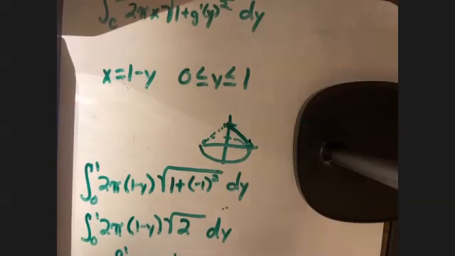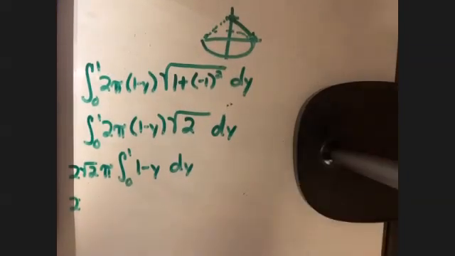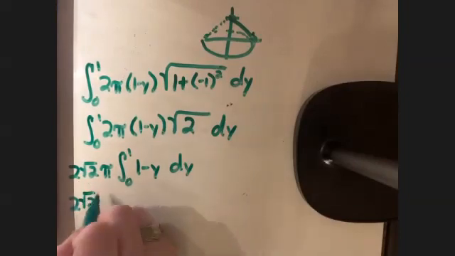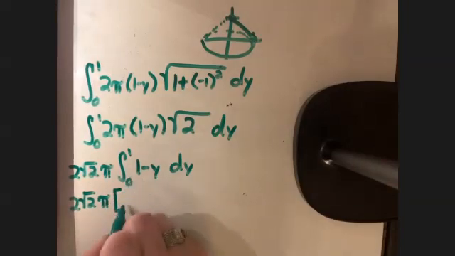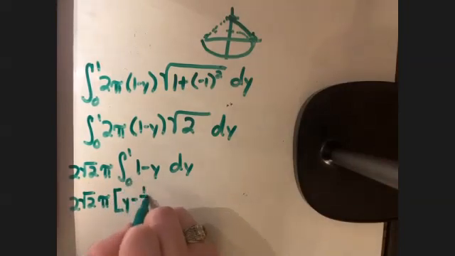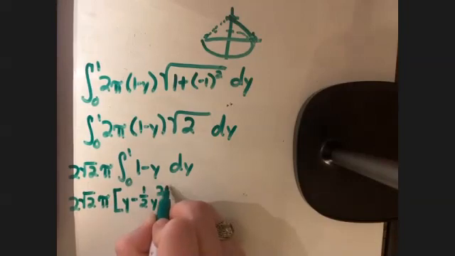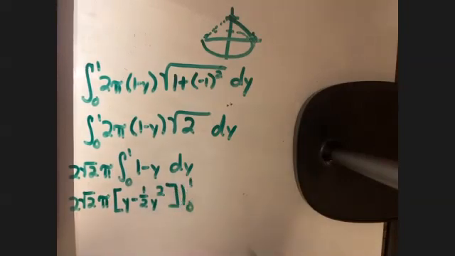Oops, sorry, I keep forgetting to move my camera. Okay, so that's going to go to y minus 1/2 y squared, evaluated from 0 to 1. Now guys, if I plug in 0, it's going to be 0 and 0, so that's all going to go to 0.